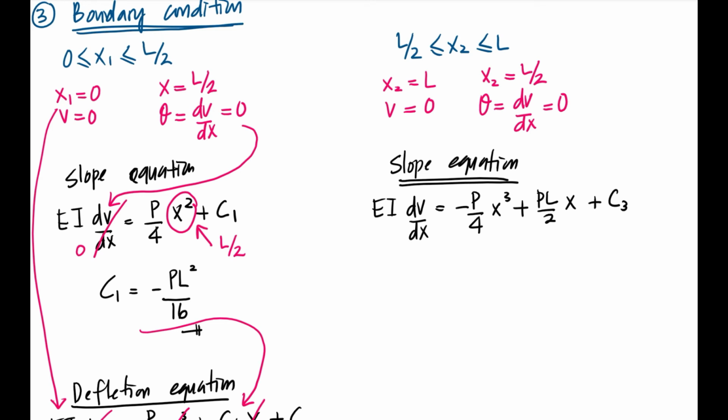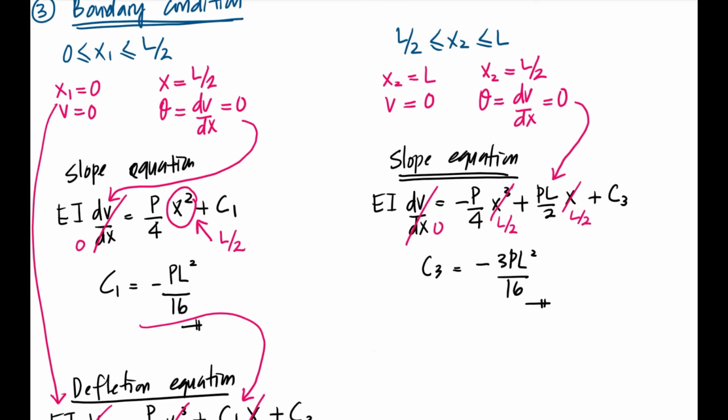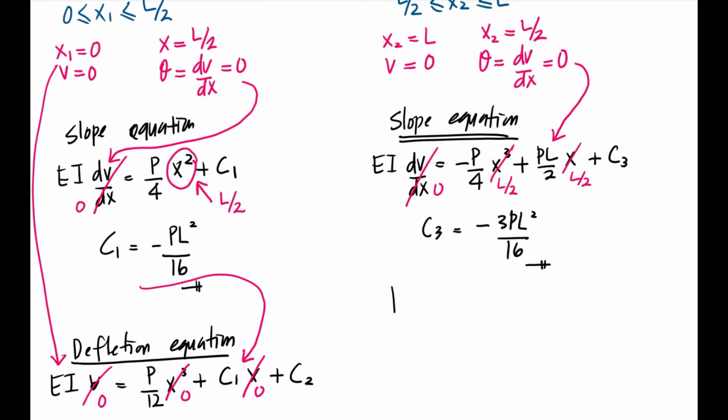So now you can substitute these two in here: dv over dx is 0, x is L over 2. So when you substitute, you can define C3 is equal to negative 3PL squared over 16.